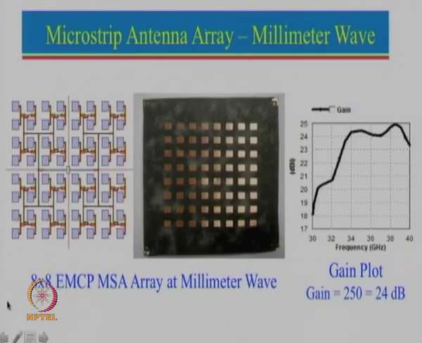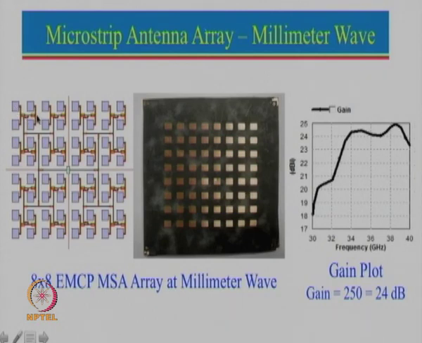So, here is an example of an 8 by 8 electromagnetically coupled microstrip antenna array at millimeter wave. Millimeter wave frequency range starts from 30 gigahertz to 300 gigahertz. Let us see what we have done here. First, let us look at the 2 by 2 element. These 2 by 2 elements are fed with the microstrip line over here.